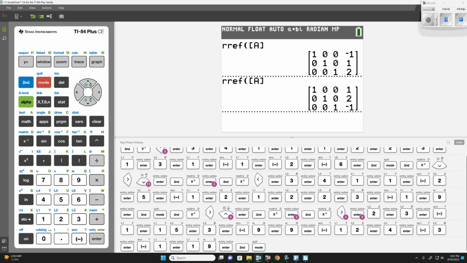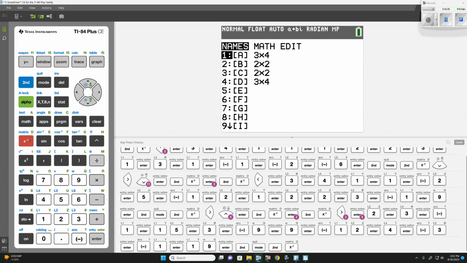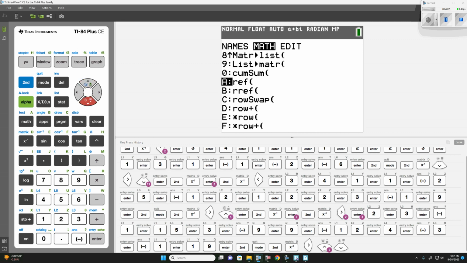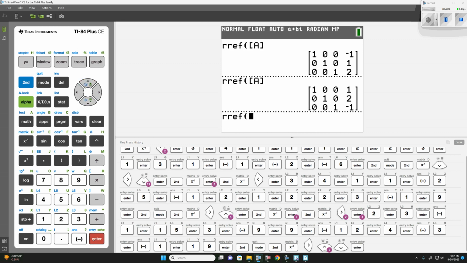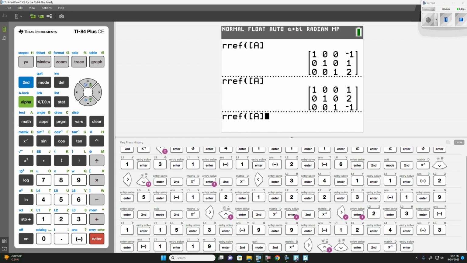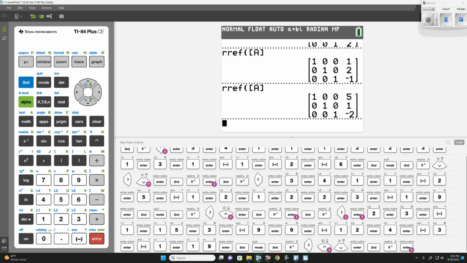Second quit. So we got back to this here, yes? Now we go second matrix, over to math, and we want to find RREF, which is right here, and we'll hit enter. Then we go second matrix. We put it in the first matrix A, so we'll hit enter and enter.